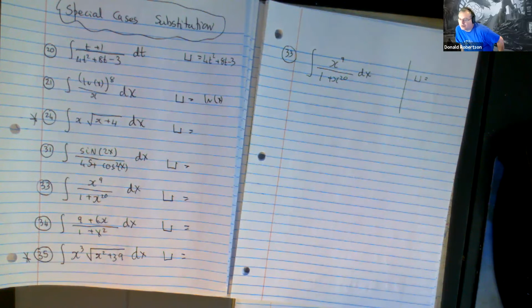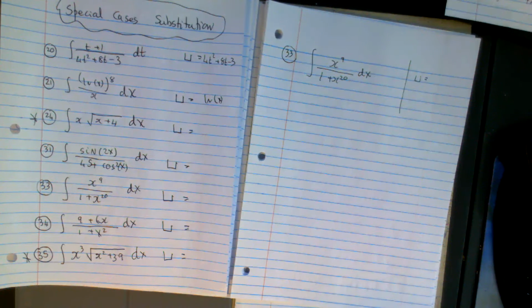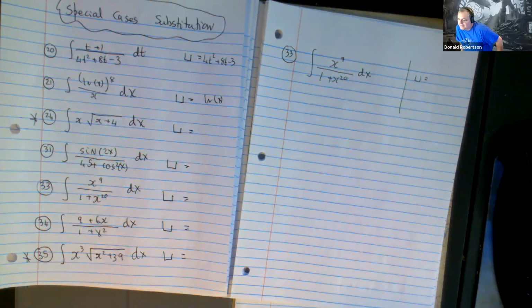So now you have to go hunting for one that is the correct u sub. What might work? 1 plus x to the 10th. Darn close, Bobby. You're that close, by the skin of your teeth, but you aren't perfect.